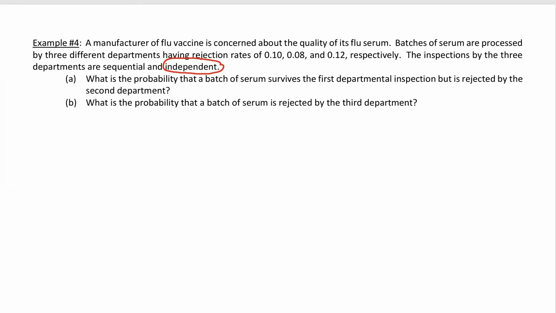So the first part of this is what's the probability that a batch of serum survives the first inspection but is rejected by the second. Okay, so I guess we can write it maybe like this. The probability of pass first and fail second.